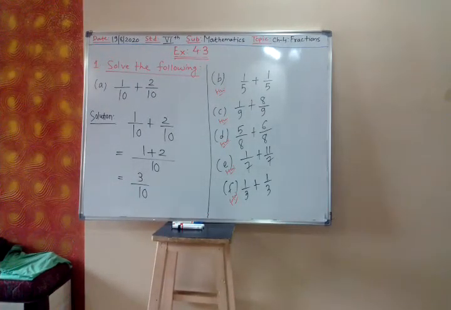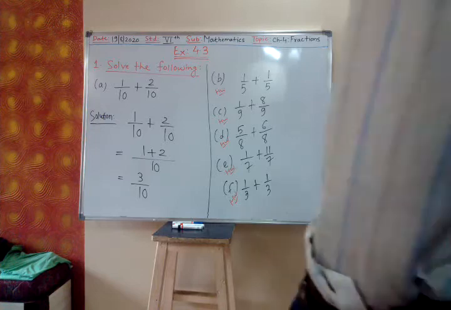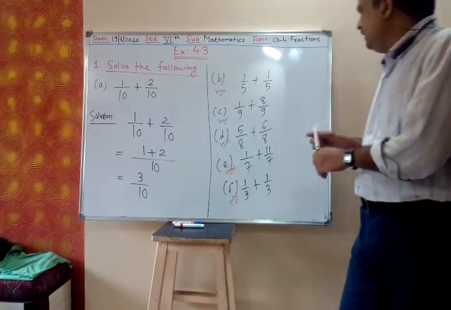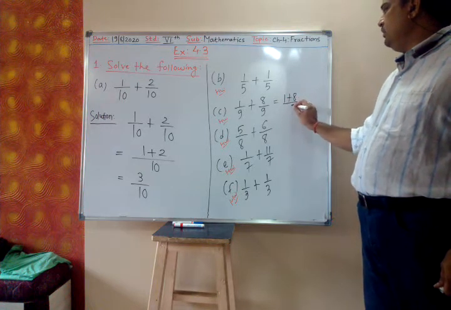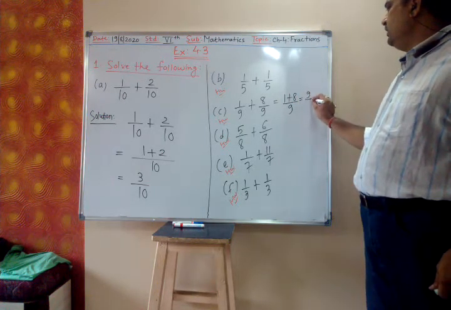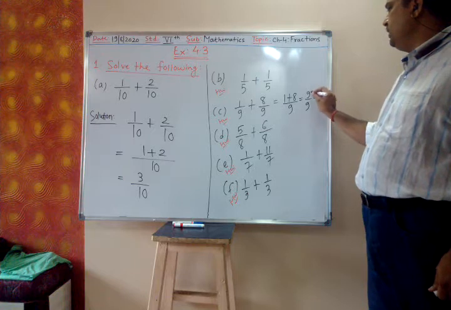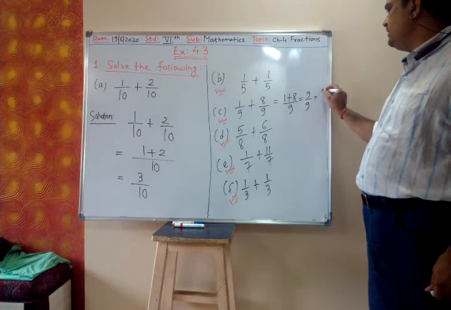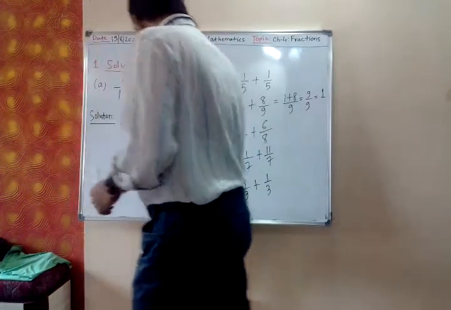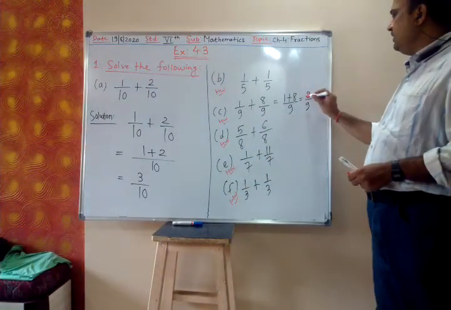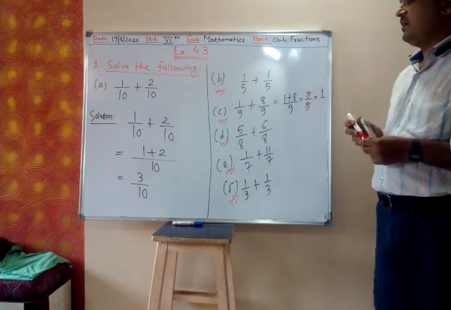What is left? 1 is left. Whenever there is the same number in the numerator and denominator, they will get cancelled. 9 upon 9 is the same as 1.